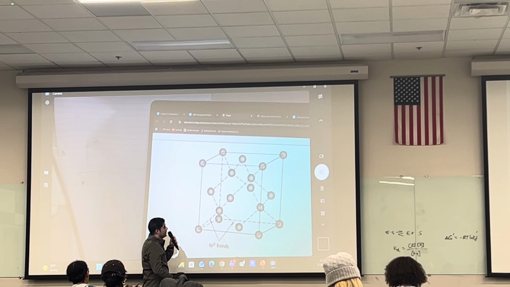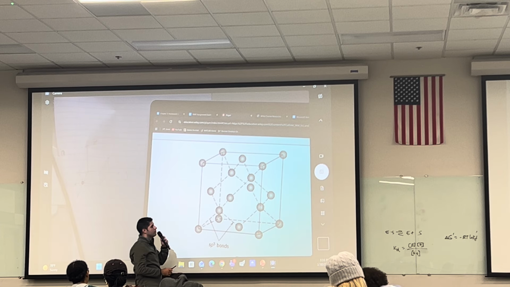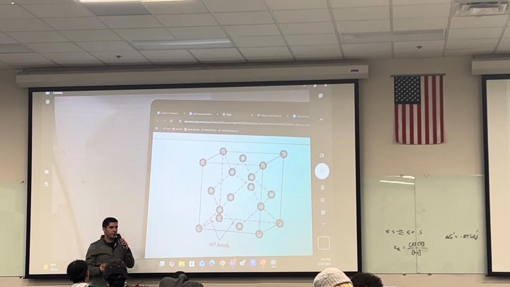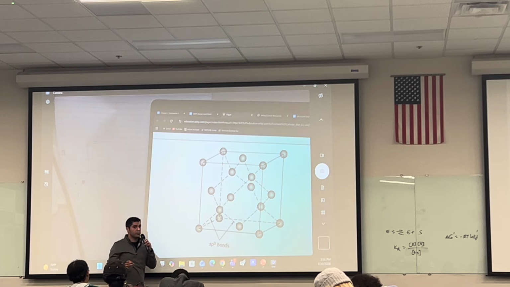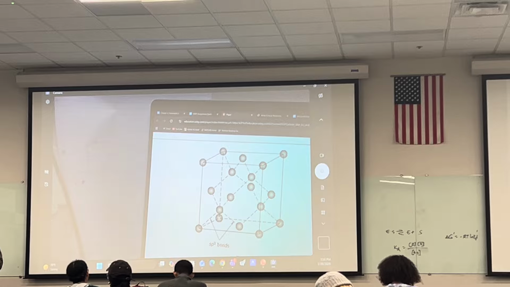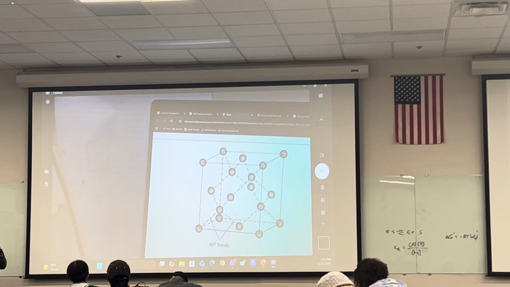Since I believe it's in the center, it's going to be 1 over 2, 0.5. We are trying to get integers, so it's going to be 2, 0, 2.